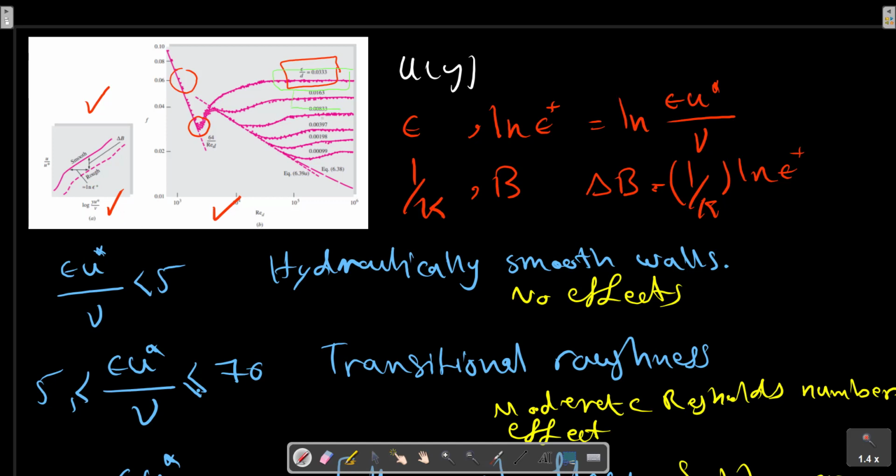The slope is flat for values of epsilon over D.